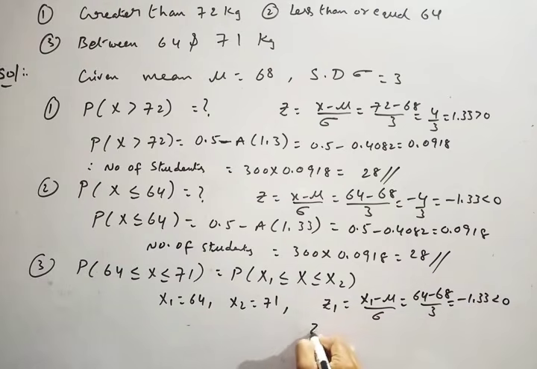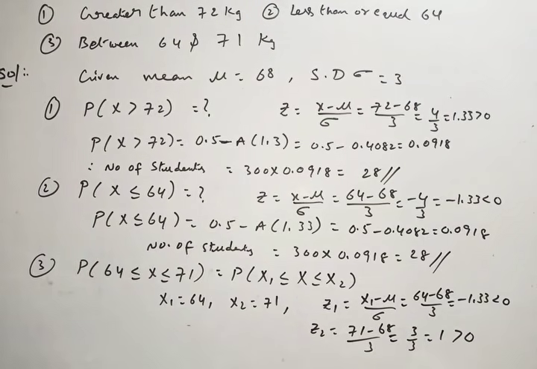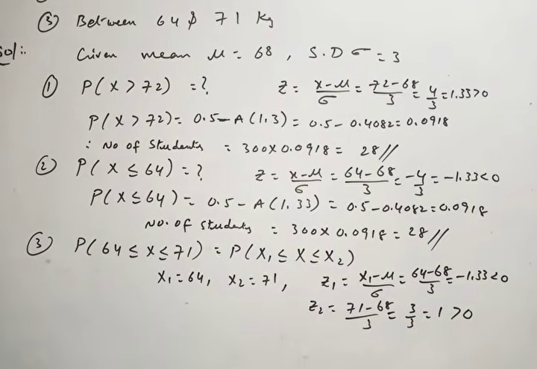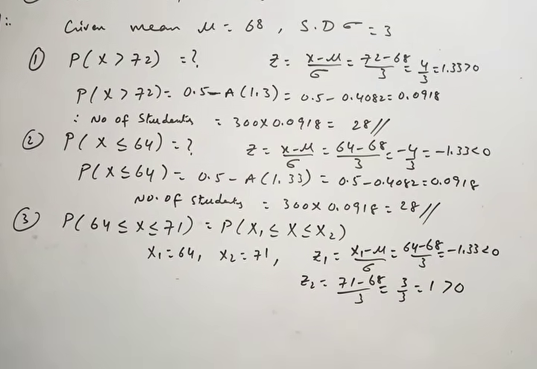Z1 is less than 0. Z2 is what? 71 minus 68 by 3. So 3 by 3, 1, which is greater than 0. So one is less than 0 and another is greater than 0.